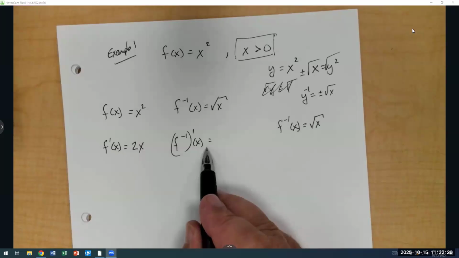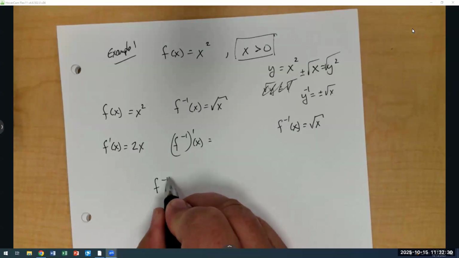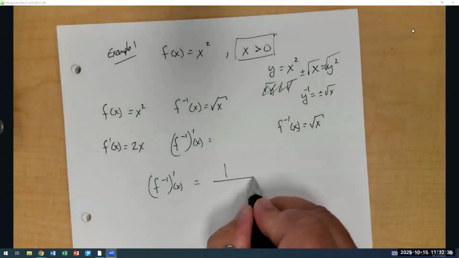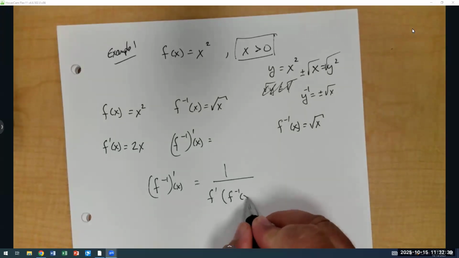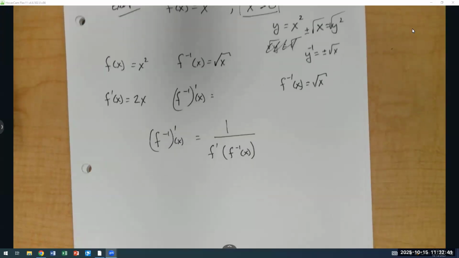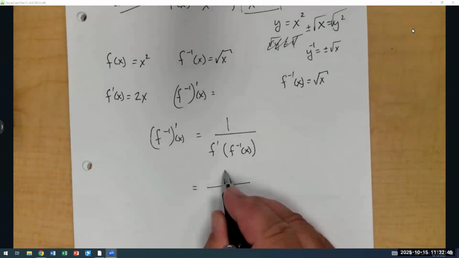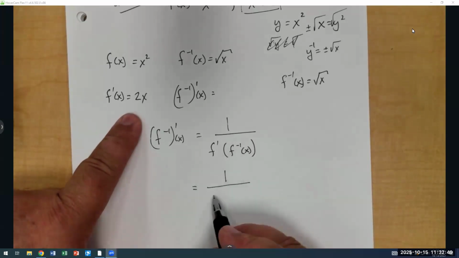To find the derivative of the inverse, we use our formula. So f prime is 2x.